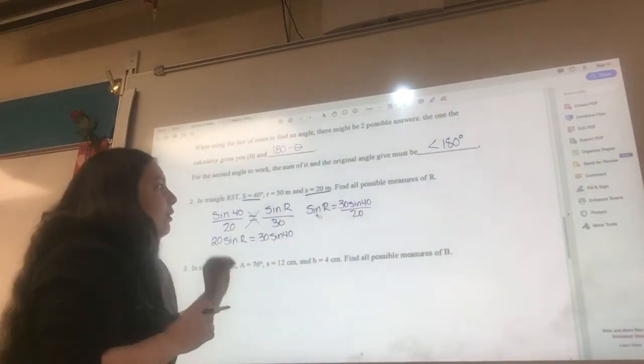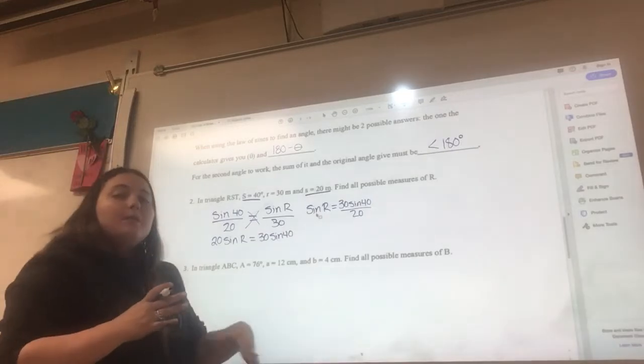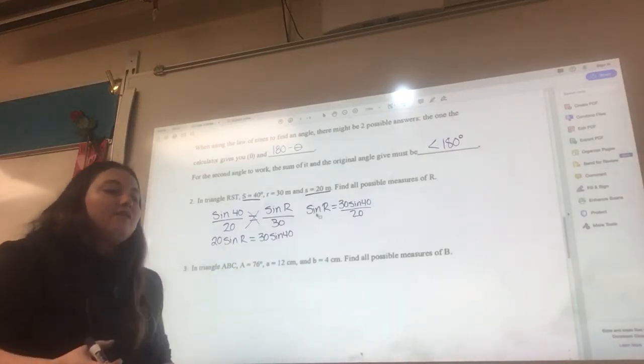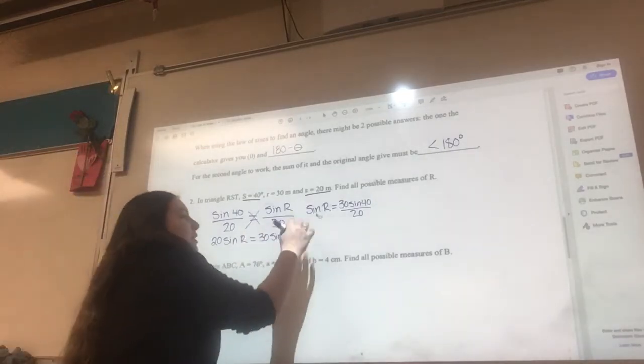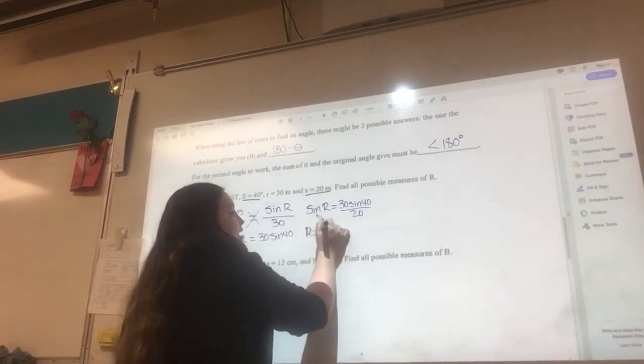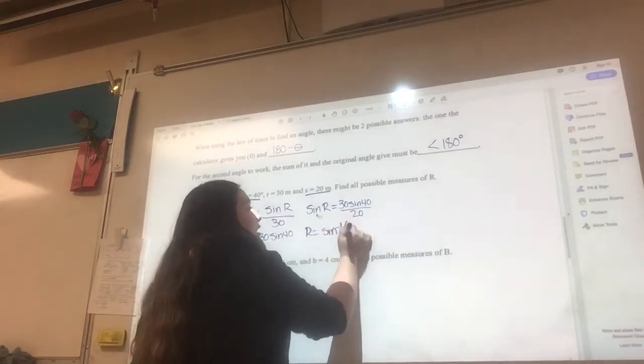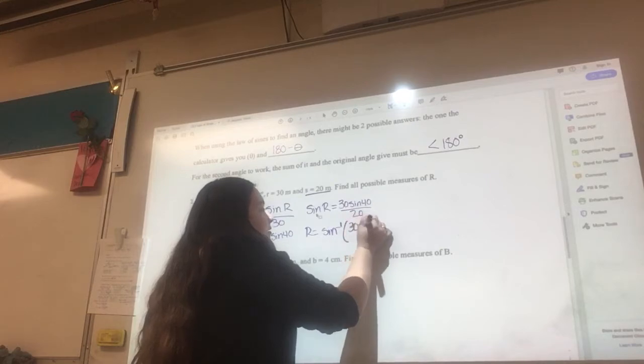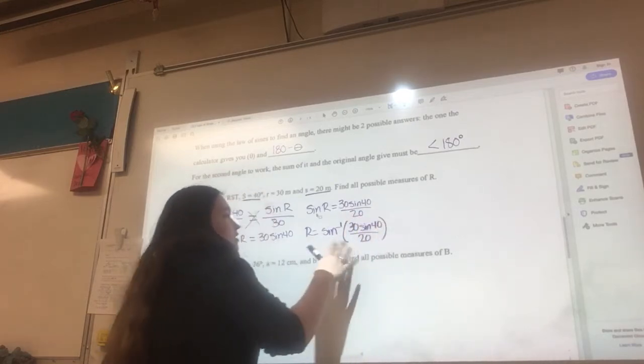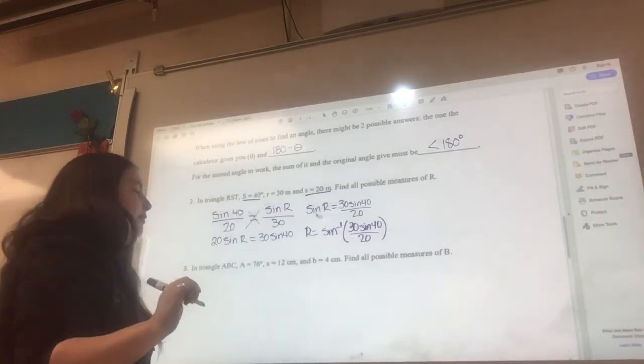Now that we've gotten to this point, we need to find that missing angle. If you remember finding missing angles, it is the inverse of what you're doing. So R equals the inverse of sine of everything up here. I personally would not simplify, just because it's easy to plug and chug into your calculator.